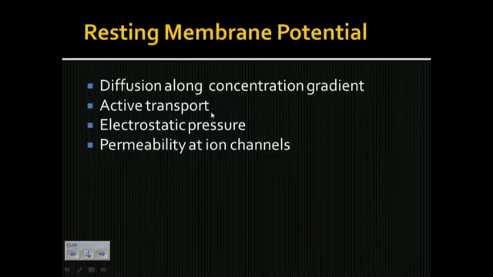They're actively using energy of the cell to pump these sodium ions out and pump these potassium ions in, as well as electrostatic pressure, so that's your negative and positive charges. There's that pressure for potassium to be on the inside of the neuron relative to the outside of the neuron. And also permeability at the ion channel. So I was talking a little bit about leakage for the sodium ions.